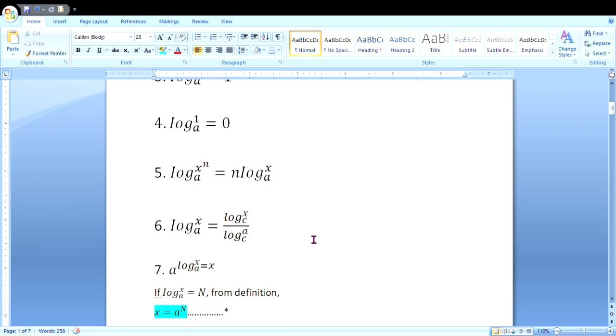So that is number 5. Then number 6: if we have log x to base a, this is what we call the change of base.